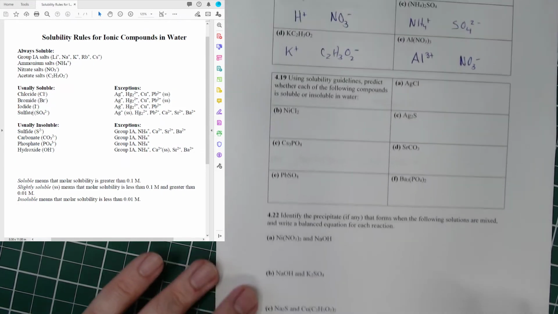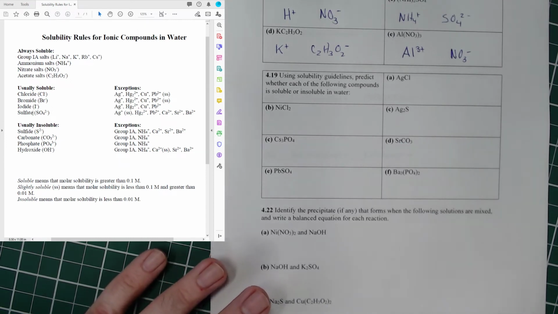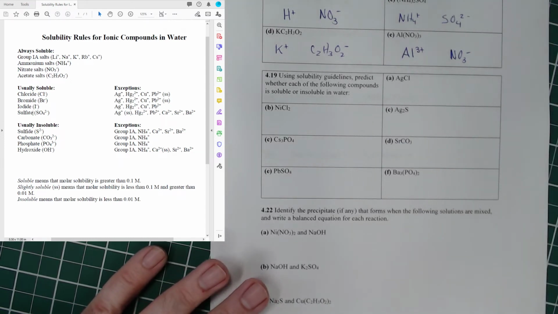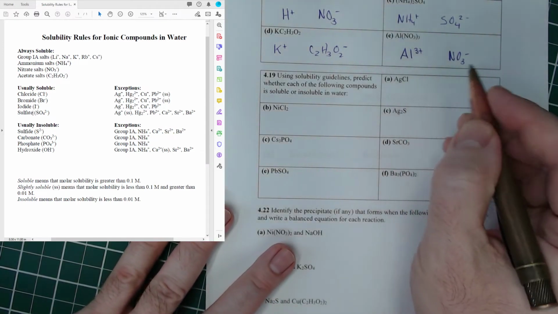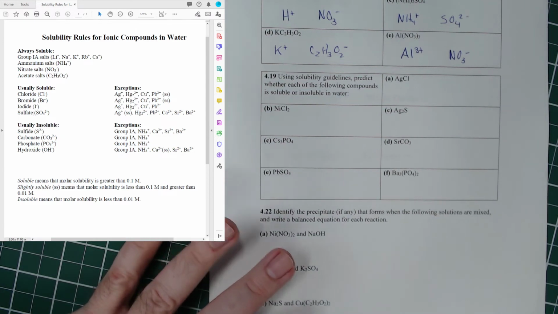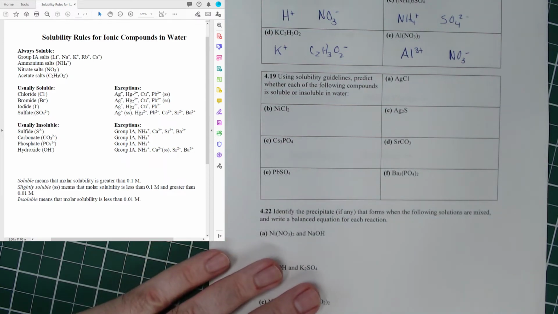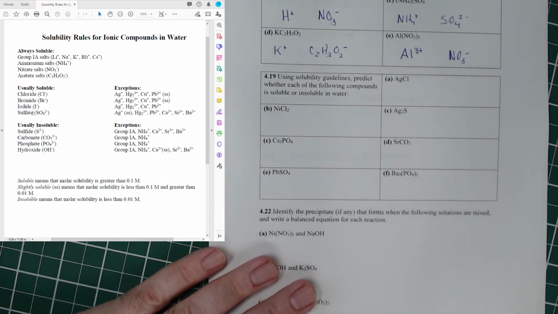All right, so here let's look at number 19 and determine if these things are soluble or insoluble. So here we've got silver chloride. Well, always check the always soluble list first. We don't have anything in silver chloride that is on the always soluble list, so that top part doesn't apply.